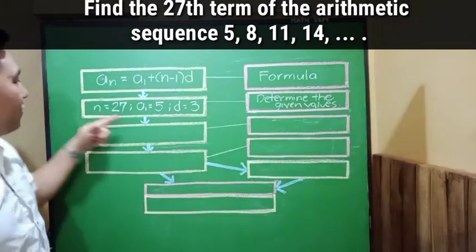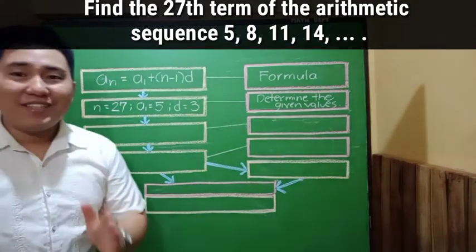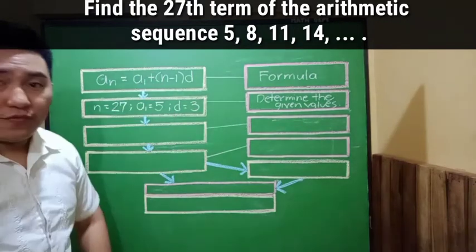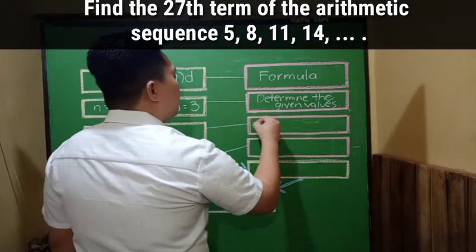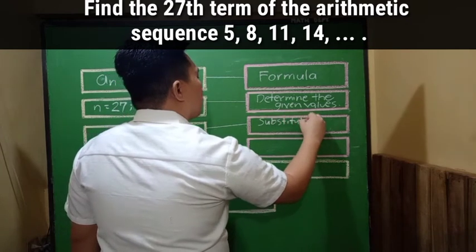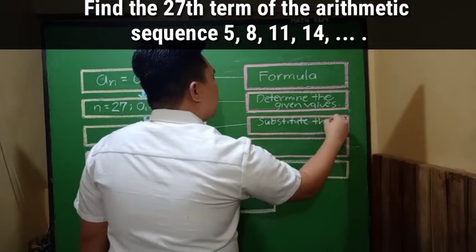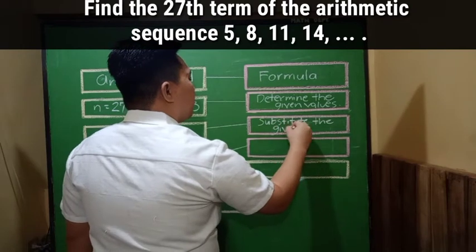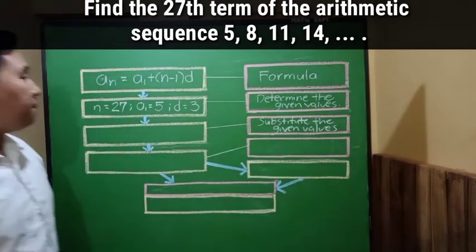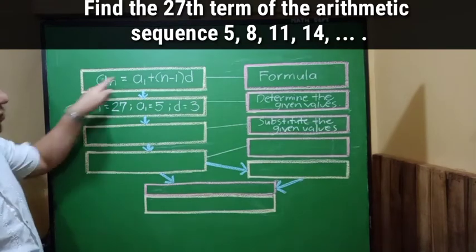And after we have the given values, of course, the next step is we need to substitute the given values into the formula. Okay, so we will replace our given values in the formula.